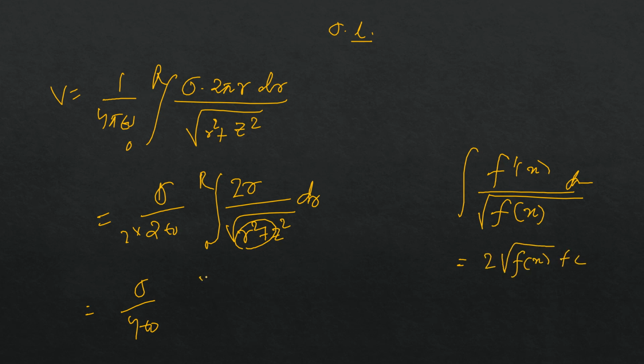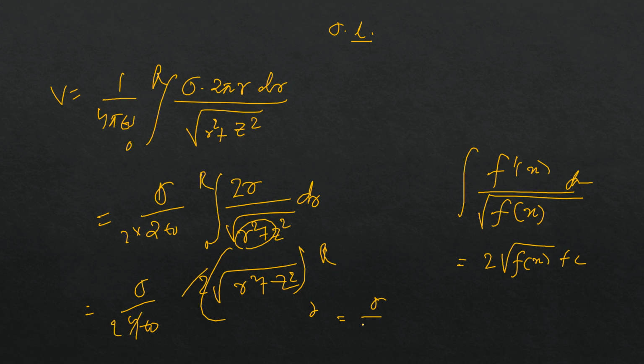So here I can write 2 root of R square plus Z square, from 0 to R. Sigma by 2 epsilon naught, the 2 will be cancelled out too.